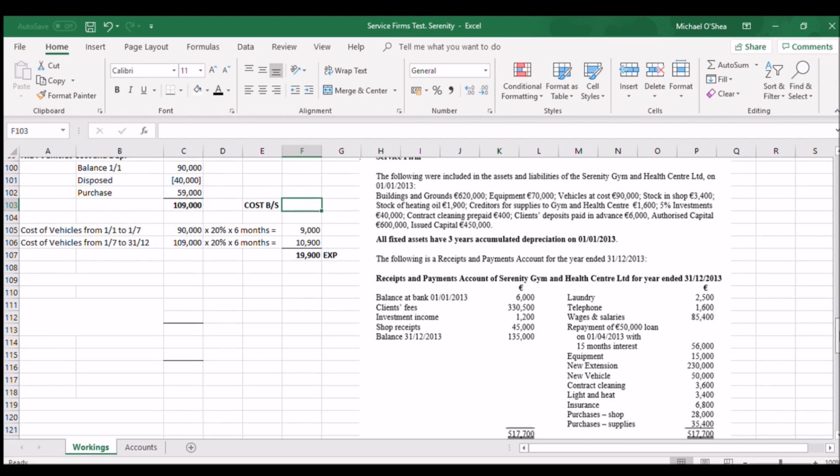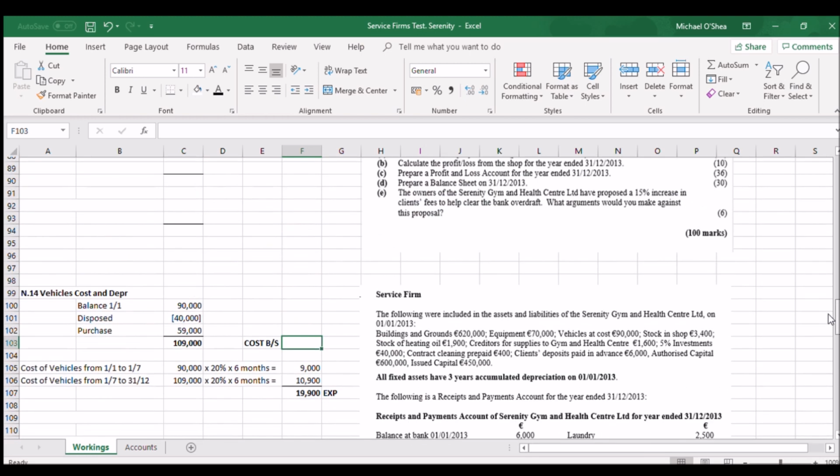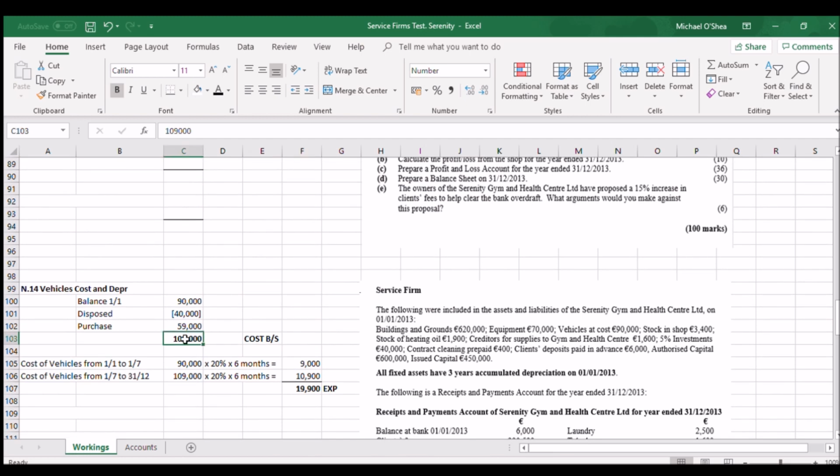So that 9,000 basically is one portion of the depreciation for this year. Now, for the separate 6 months, from the 1st of the 7th, we sold the vehicle, and on the same day we purchased the vehicle. That means for the last 6 months, the cost of our vehicles is 109,000 because we had our 90, we sold the 40, and we bought the 59. So 109,000 is going to be the cost from the 1st of the 7th to the end of the year.